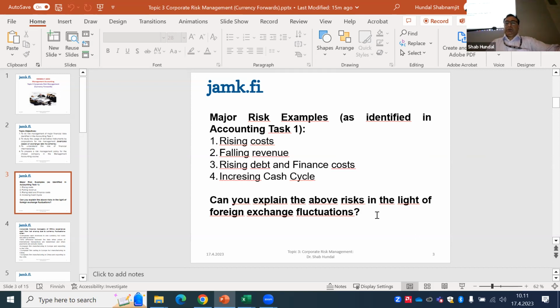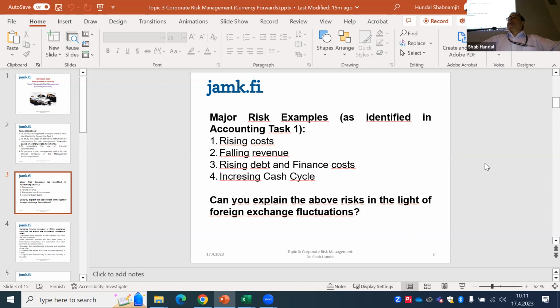And also, these risks could be explained in terms of foreign transactions. Like rising cost: your strategic raw material, which you purchase, the cost has gone up. You used to buy some very important raw material from Australia for manufacturing, but now the prices have gone up.